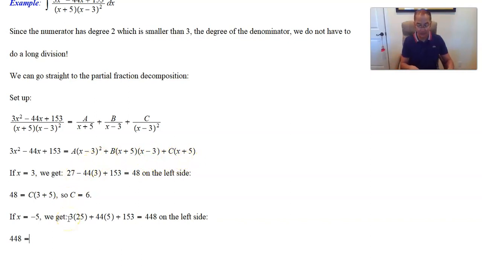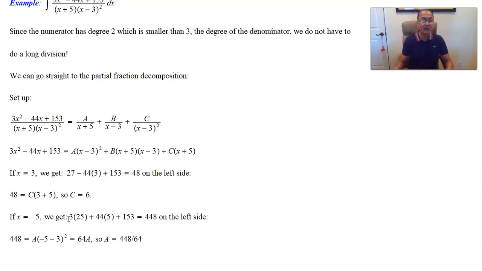So we get 8A times negative 5 minus 3, which is negative 8 squared, 64A. So A must be 448 over 64.